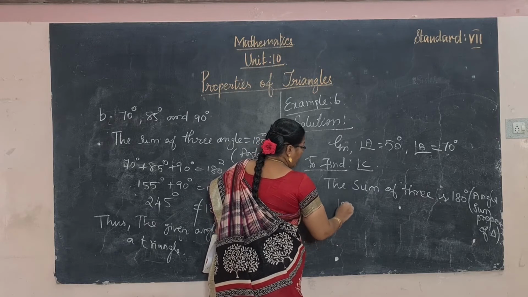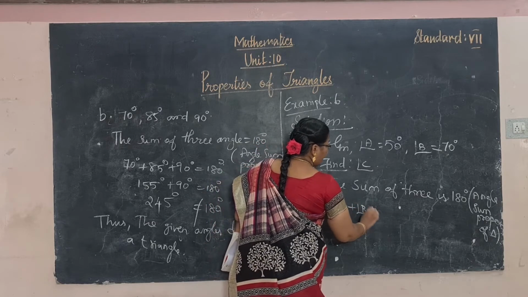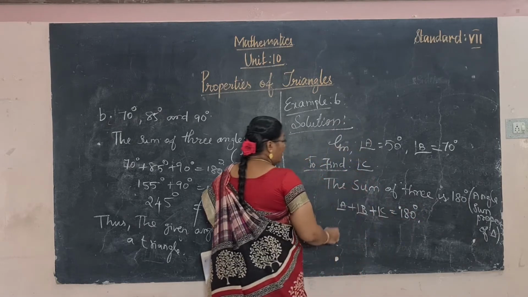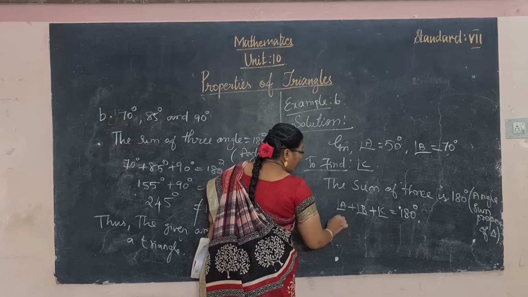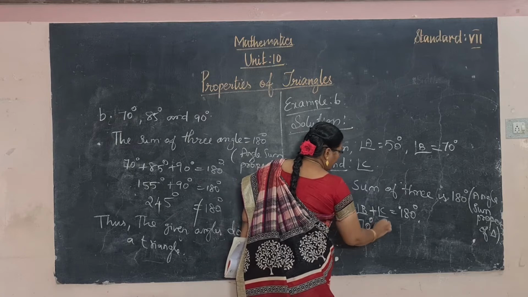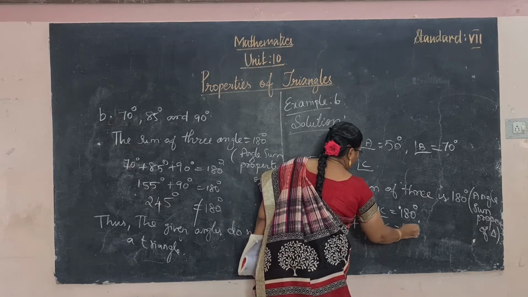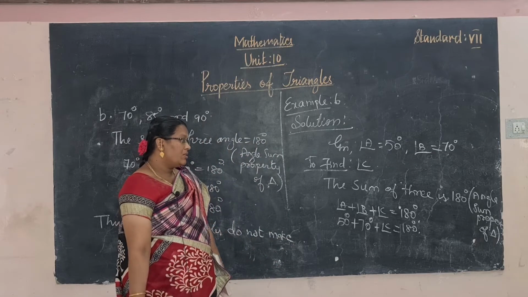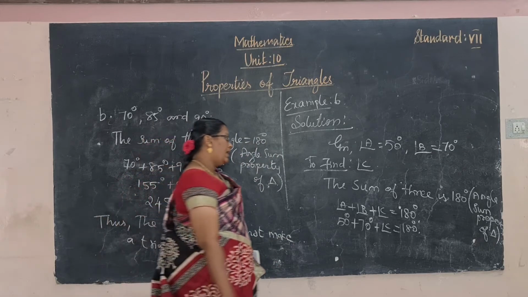So, angle A plus angle B plus angle C is equal to 180 degree. What is the value of angle A? 50 degree. Angle B value is 70 degree. Just substitute the values of the angles.